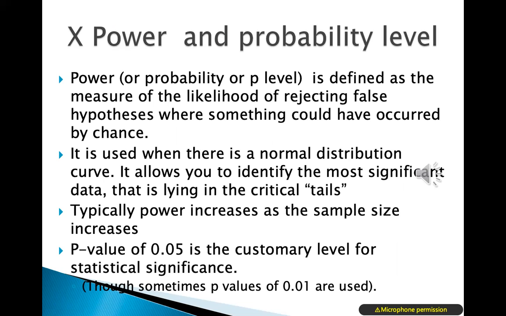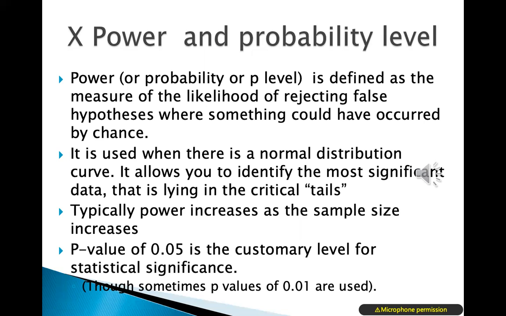I want to introduce first something that you're probably the most familiar with, and that's the P level. You're used to looking at research studies and examining a P value, and you usually see it as 0.05 or 0.01. The question is, what does that mean?